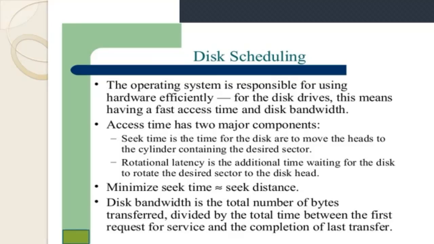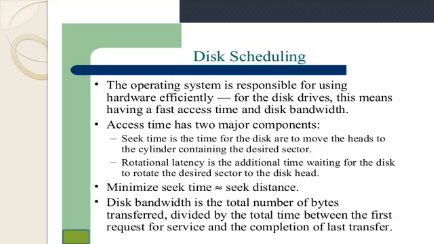from the point where it is stored. So access time has two major components. Seek time. What is seek time? Seek time is the time for the disk to move the heads to the cylinder containing the desired sector. In my earlier classes, I have taught all of you tracks and sectors.